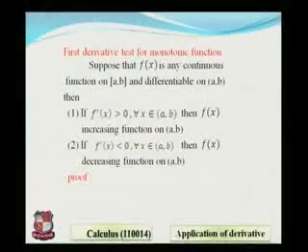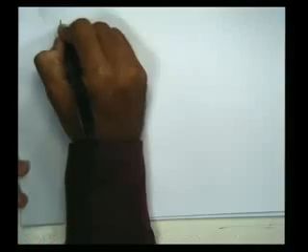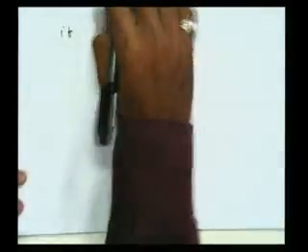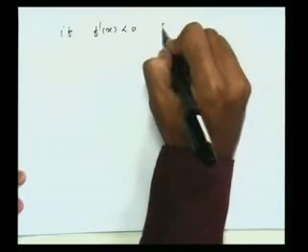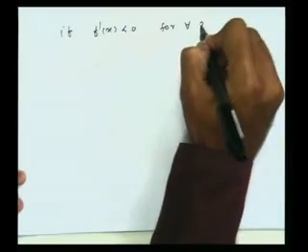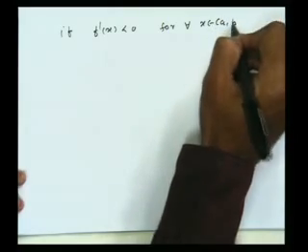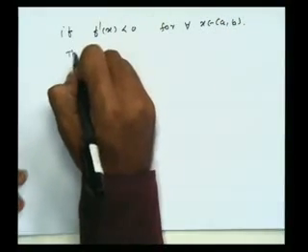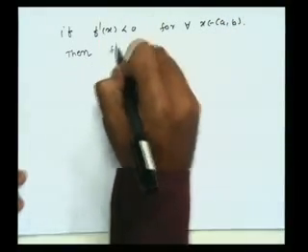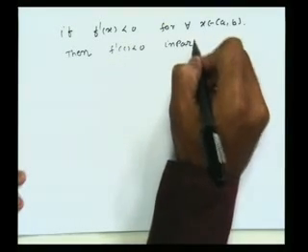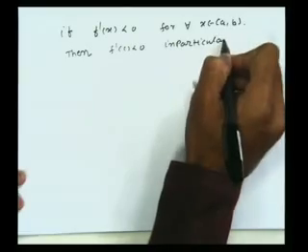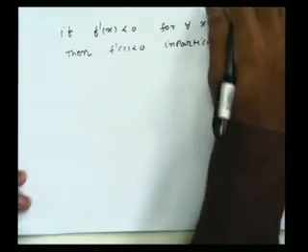Now consider the second case. Suppose f dash of x is less than 0 for every x belonging to this interval AB. Then f dash of c is less than 0 in particular, because c is from this interval.